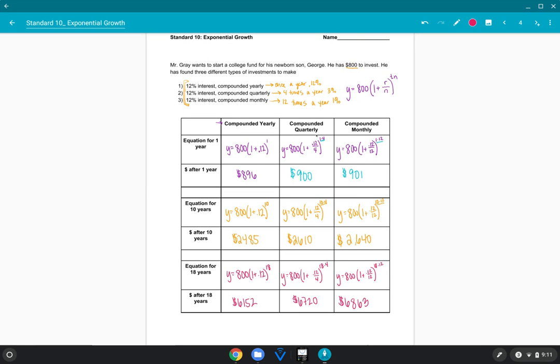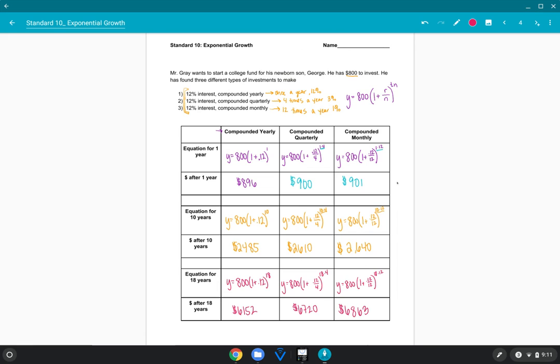All right, so I hope you guys understand how these work. Yeah, these are investments that you guys might be making someday. So exciting. Or if you guys see anything like that at the bank when you have your bank accounts, sometimes you will get an interest statement or something.